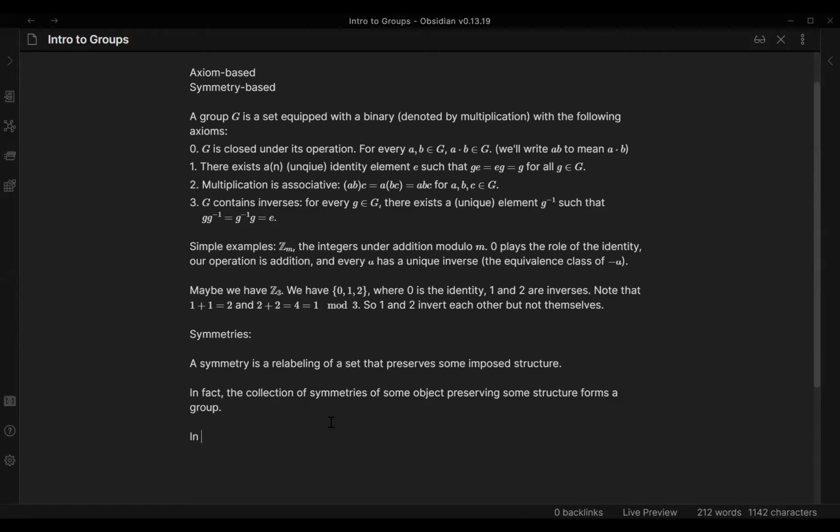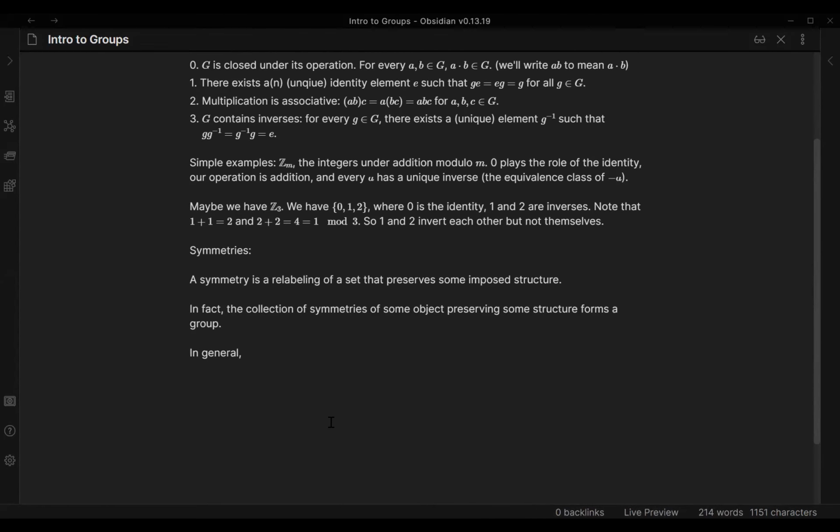We say, in general, the collection of symmetries of some object obeys the group axioms. I really want to emphasize, the collection of symmetries of some object will obey the group axioms.